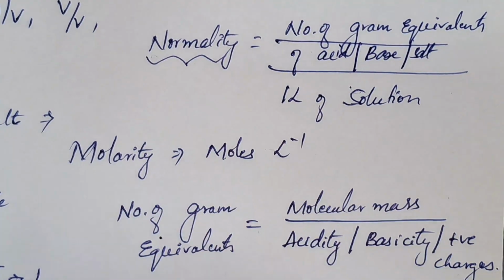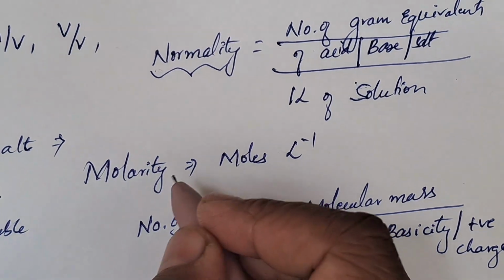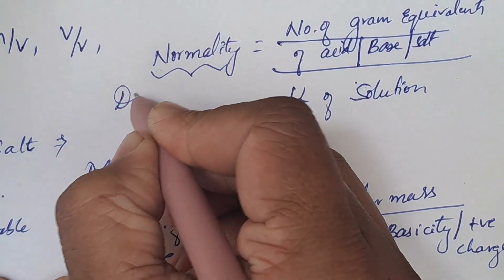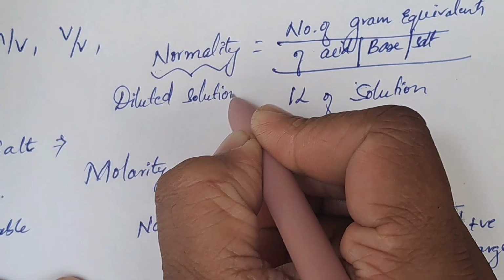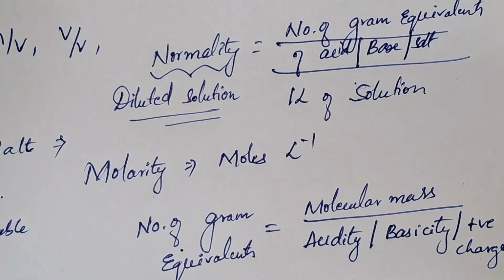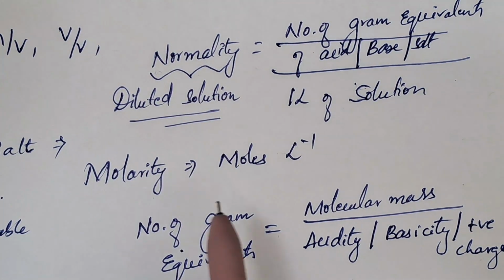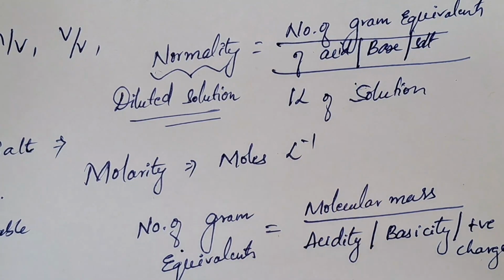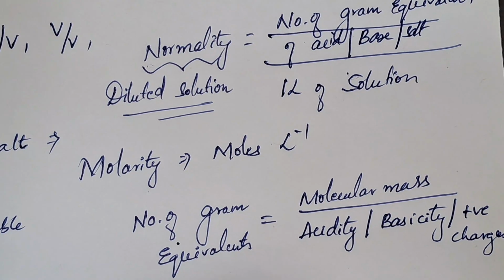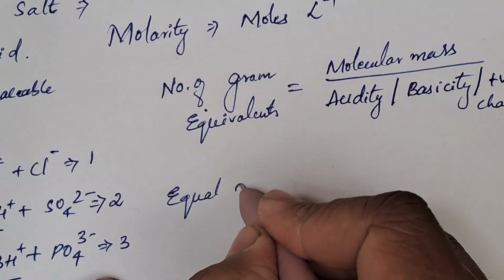Usually the solution concentration will be expressed in normality when we need a highly diluted solution. During qualitative analysis, we require only diluted solutions. So to make a dilute solution, we always go with the number of gram equivalents. Usually equal numbers of gram equivalents react together.